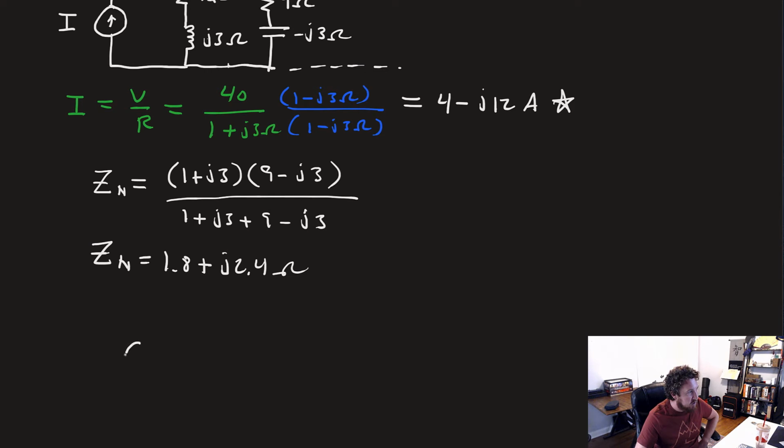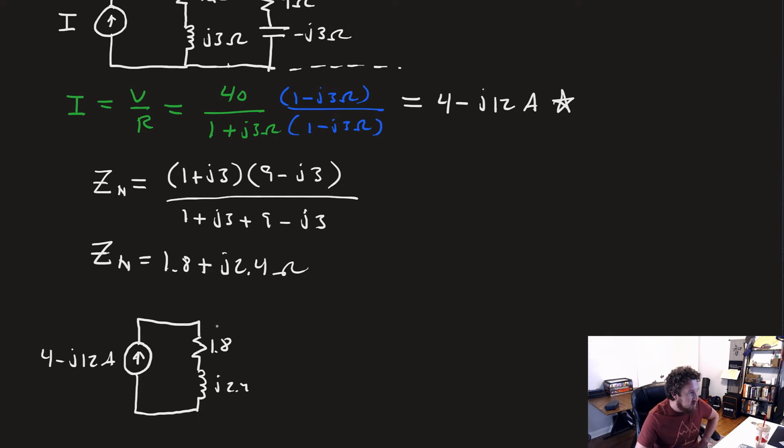So we go ahead and redraw our big chunk of that circuit. We've still got our current source I, that remember is 4 minus j12 amps. And we've got that in parallel now with our 1.8 ohm resistor and j2.4 ohm impedance.